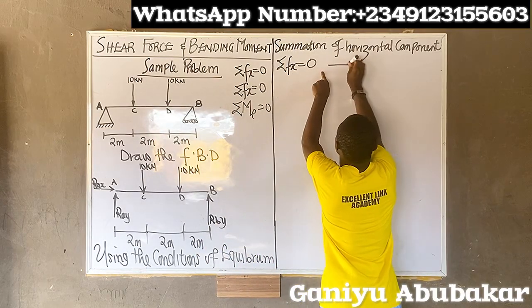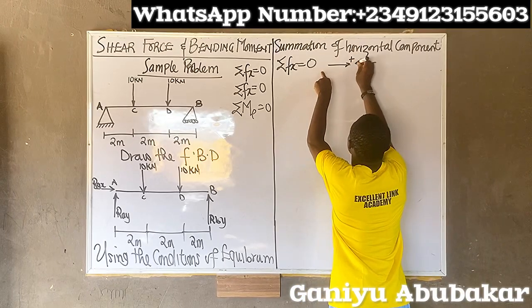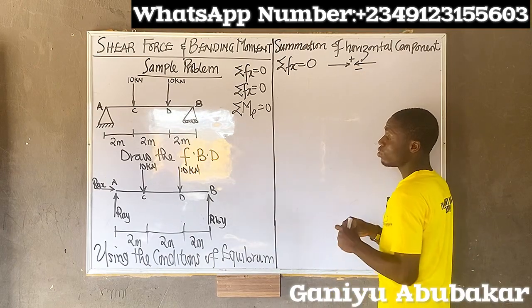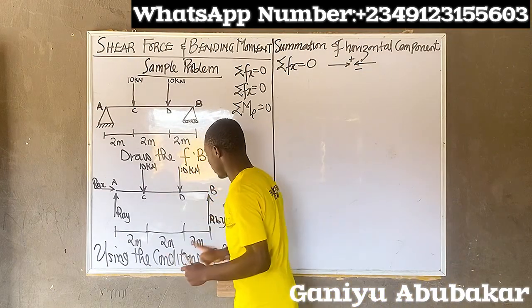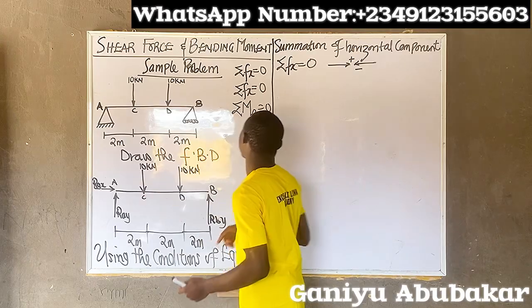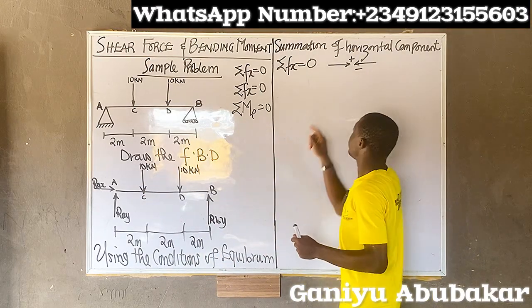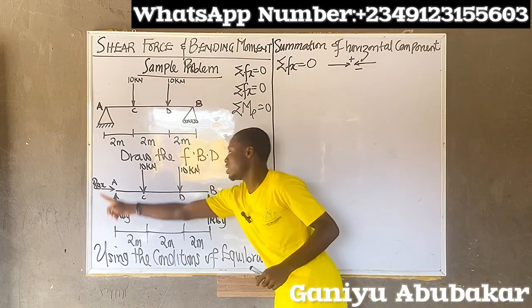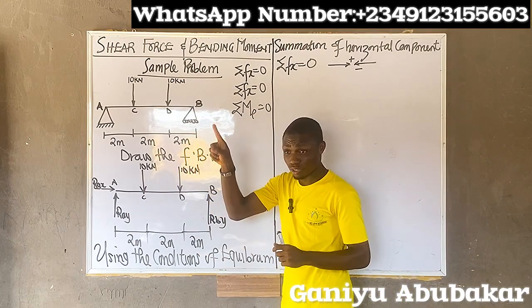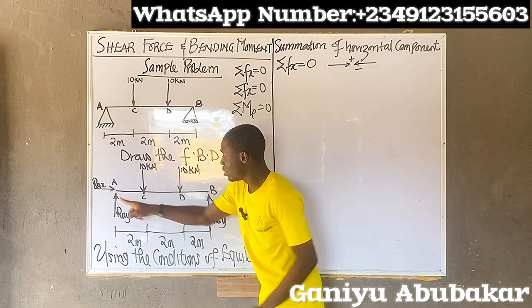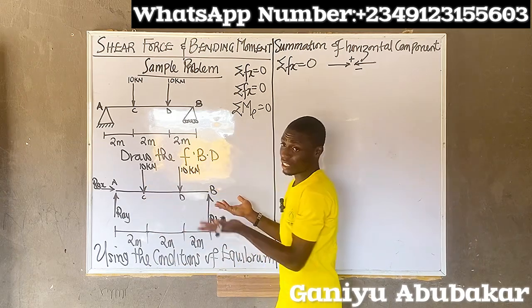I'm considering right to be positive and left to be negative. Now check this system here. Which force is acting in this direction from here? Which force is lying along this part in this diagram? Just one. That's RAX. The others are acting vertically.